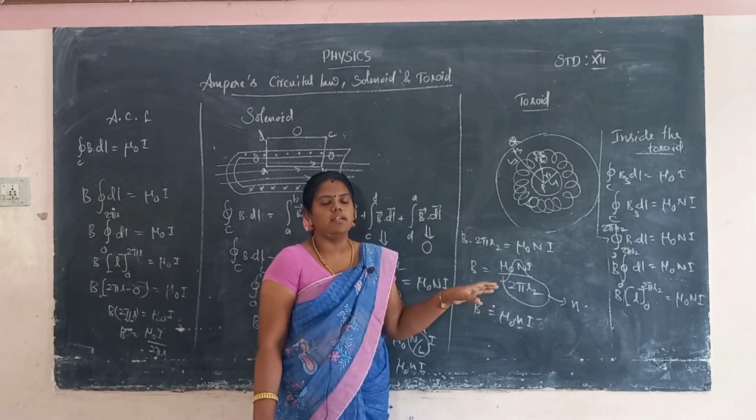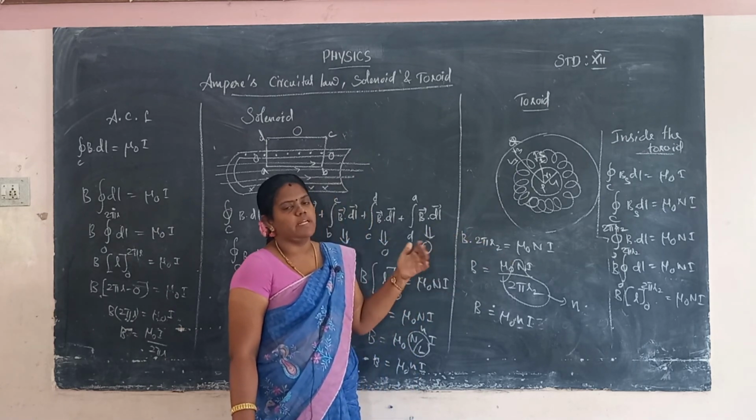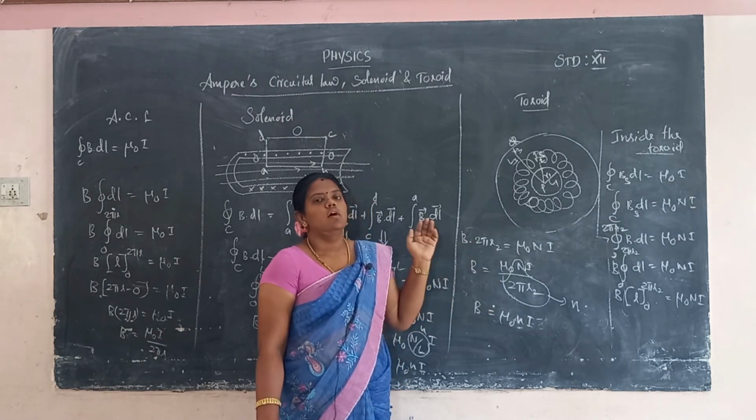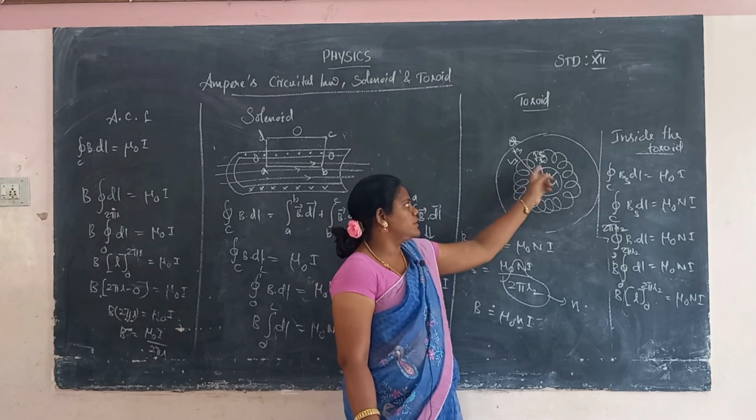So, in those two regions the magnetic field will be 0, it vanishes. And then we have to consider the inside of the toroid only.